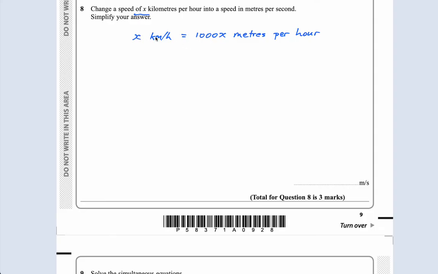If we're going x kilometers per hour, then we're going 1,000x meters per hour, because there's 1,000 meters in a kilometer. Fine, so we change the kilometers to meters. Then I'm going to change my hours to seconds, because we want to write it in meters per second. So he's going 1,000x meters per how many seconds in an hour.